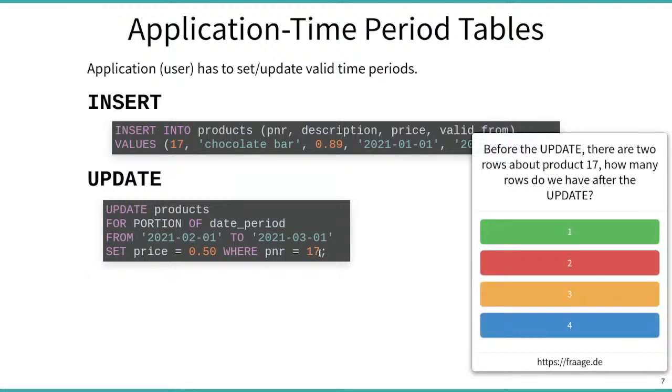My question to you. Let's say we have two rows about product 17. From January to the end of June and from July to forever. So we currently have two rows and then we make this update. How many rows, go to frage.de, how many rows do we have in our table now?